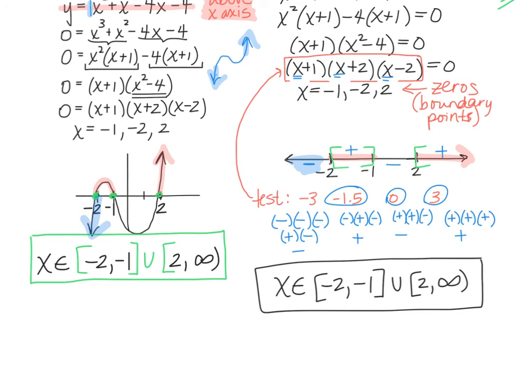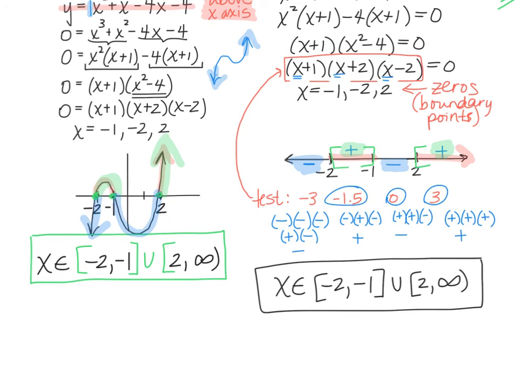And then we had a positive, which corresponds to the portion of the graph above the x-axis. And then we ended up with a negative again, that corresponds to the portion of the graph below the x-axis. And finally, that last positive, which corresponds to the portion of the graph above the x-axis.